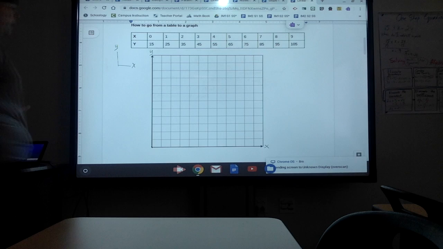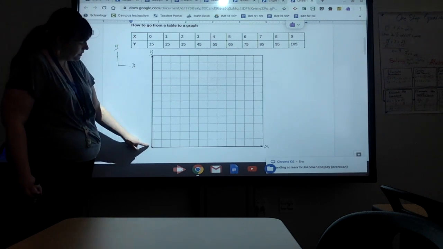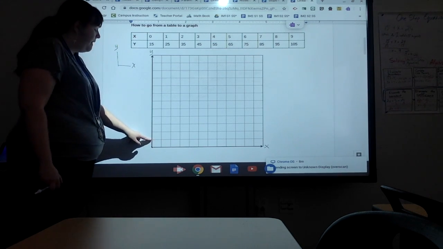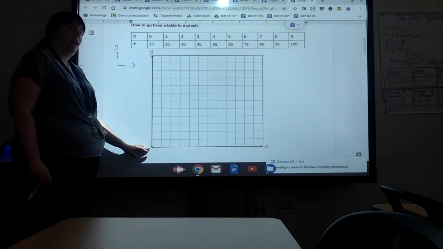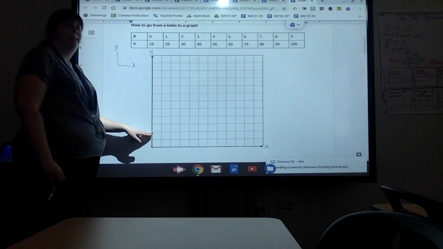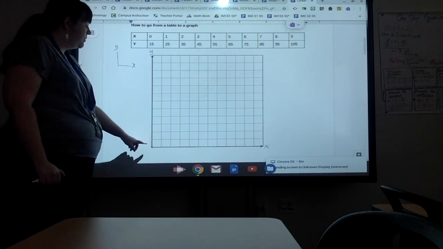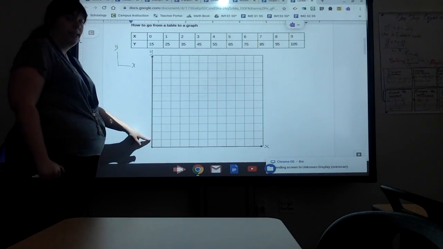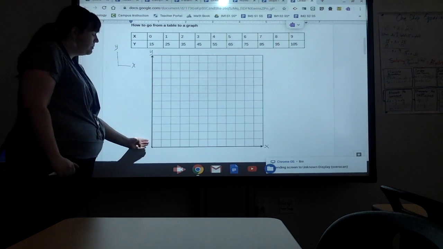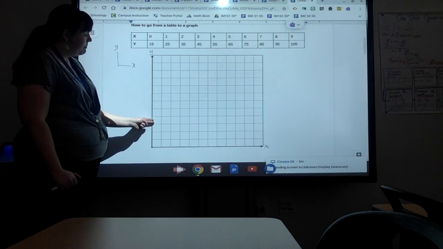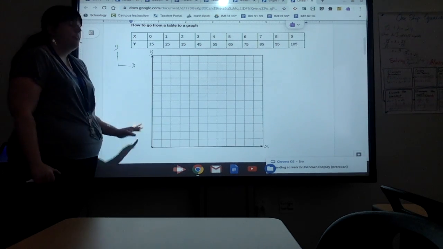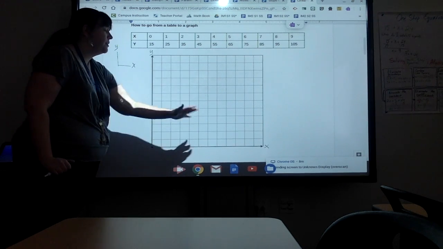For example, if I tell you that this first tick mark's 5, that means every tick mark on the y-axis is worth 5. So the next one has to be 10. Whatever you say from 0 to the first one is, that's your scale. That is how much you're making that tick mark worth. And each tick mark has to be worth the same on the y-axis. The x-axis can have a different scale.